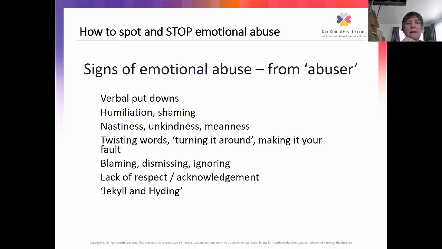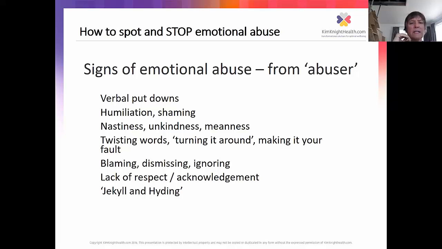Now, just to continue on this, signs of emotional abuse from the abuser are things like verbal put-downs, humiliation, shaming, nastiness, unkindness, meanness, twisting words, turning things around, making it your fault, where originally you felt like they were doing something wrong and then they turn it around and then your mind goes into confusion.